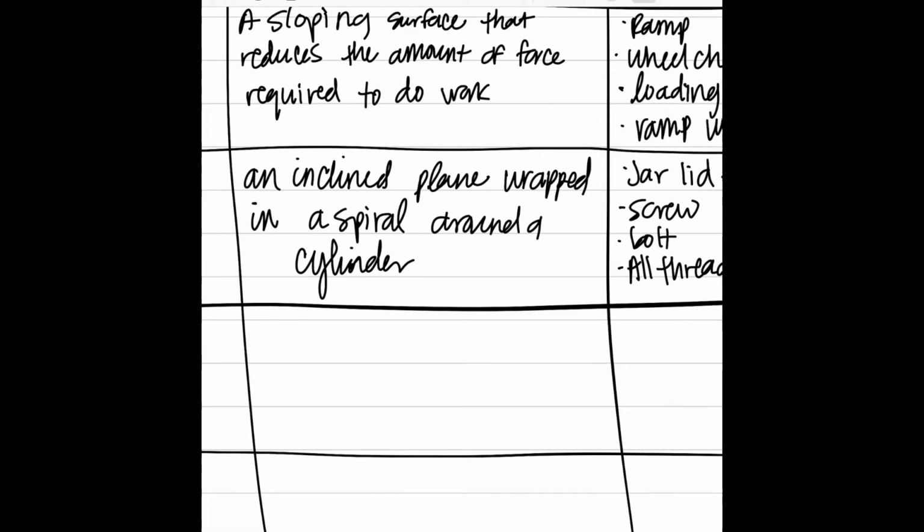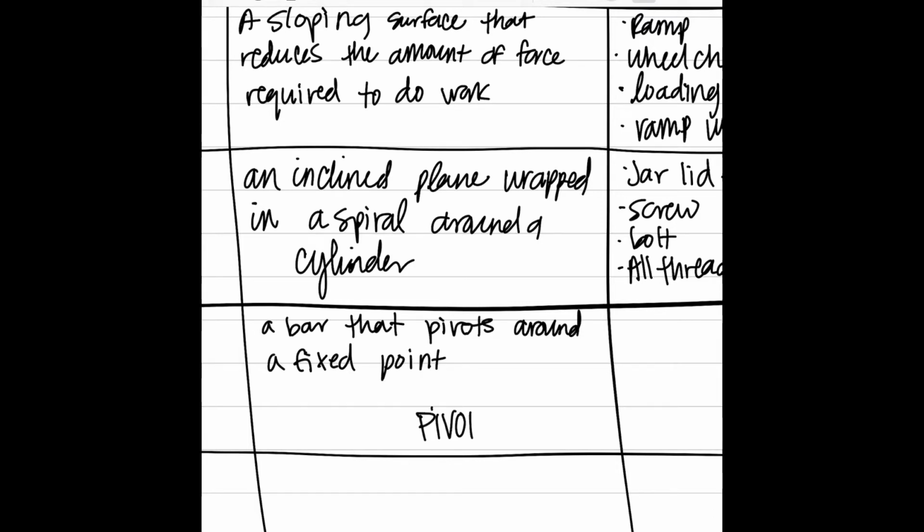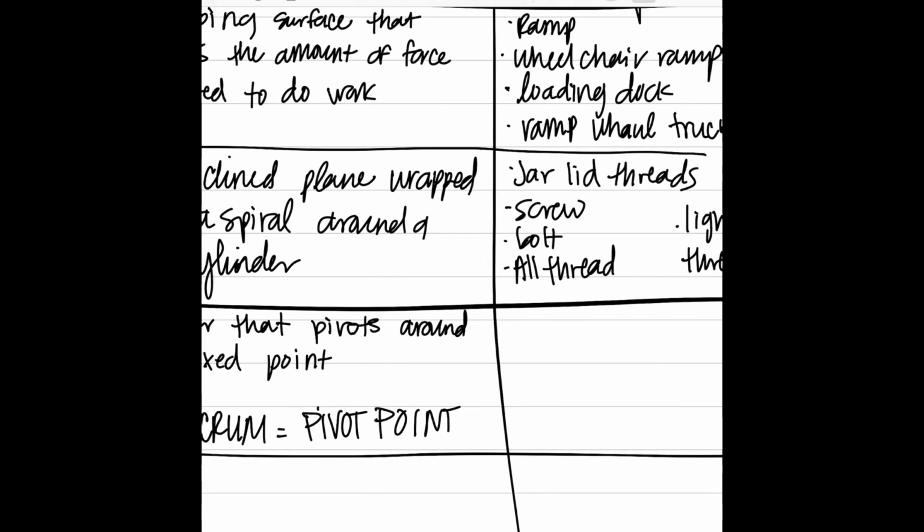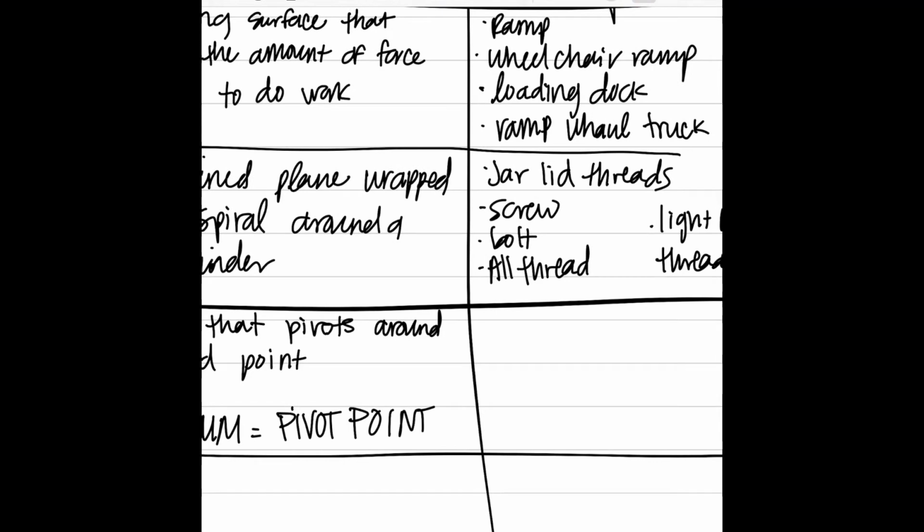Okay, next one is a lever. A lever is defined as a bar that pivots around a fixed point. That pivot point is called a fulcrum. Examples: a seesaw that has the fulcrum in the middle, a crowbar.